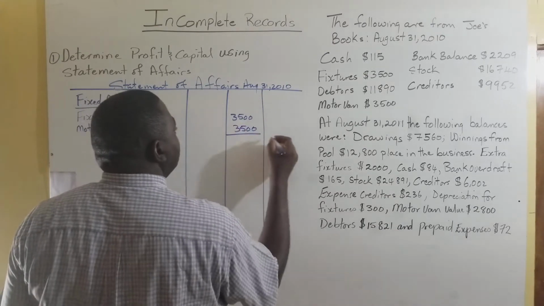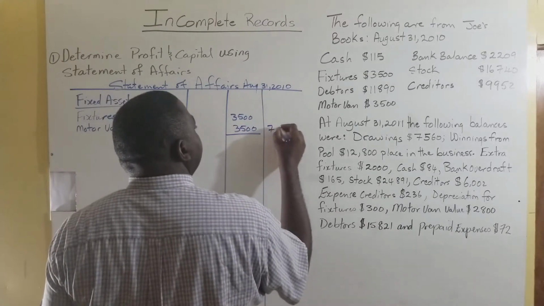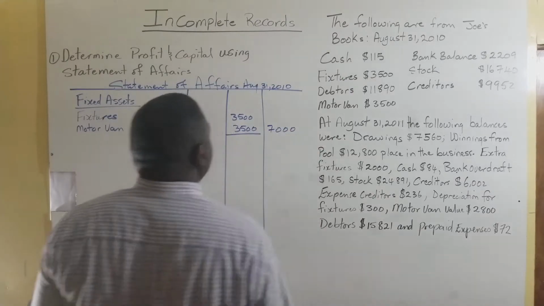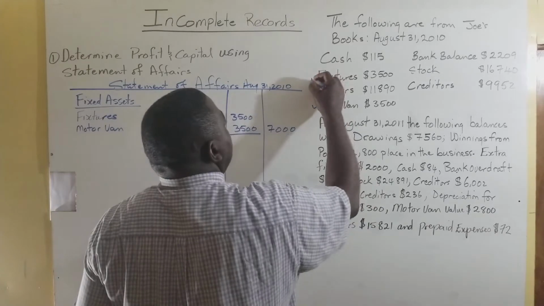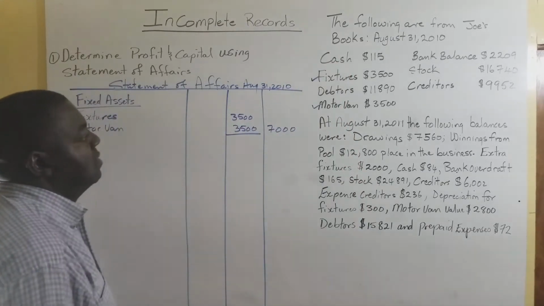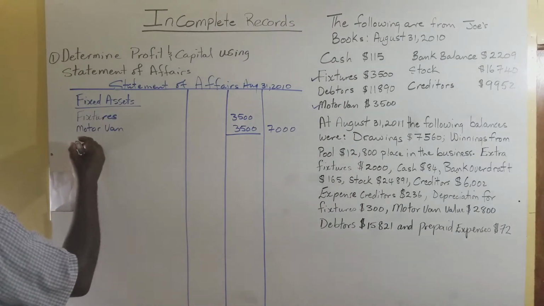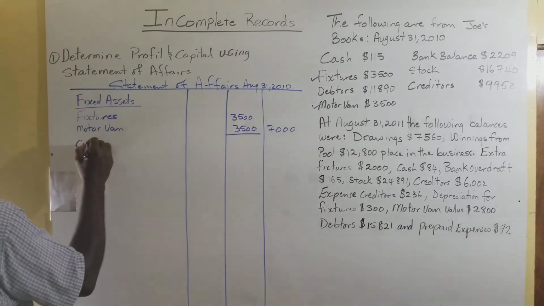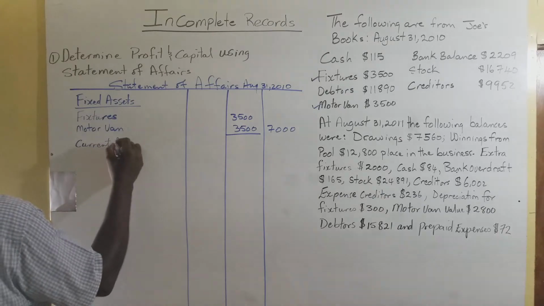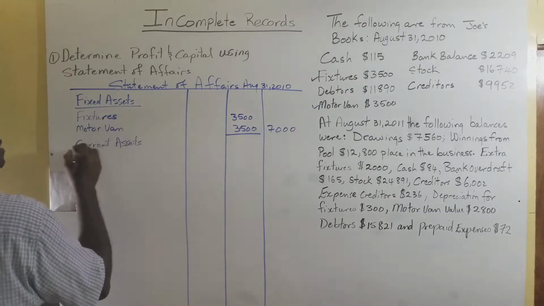So we add these two and we're looking at 7,000. All right? So we have used motor van and we have used fixtures. We're moving now to our current assets. And what do we have now?